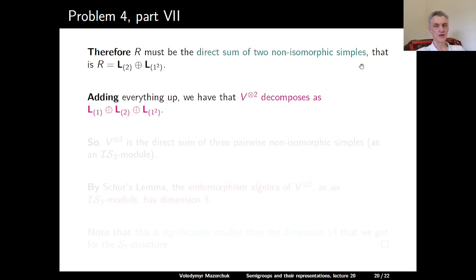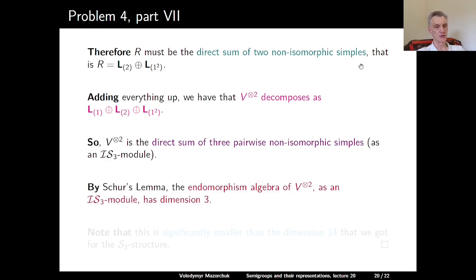Adding everything up, we get that V to the tensor power 2 decomposes as L sub 1 plus L sub 2 plus L sub 1,1. So our V to the tensor power 2 is a direct sum of three pairwise non-isomorphic simple modules as an IS3 module, and by Schur's lemma, the endomorphism algebra of V to the tensor power 2 as an IS3 module has dimension 1 squared plus 1 squared plus 1 squared, which is 3.